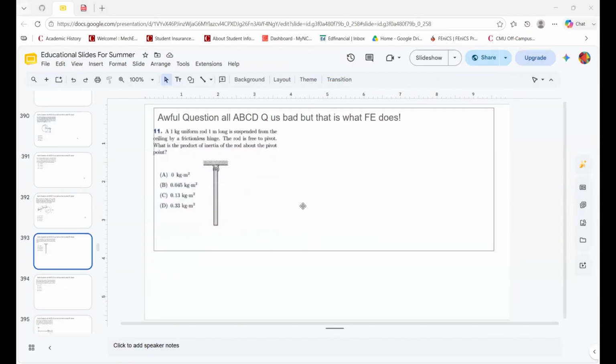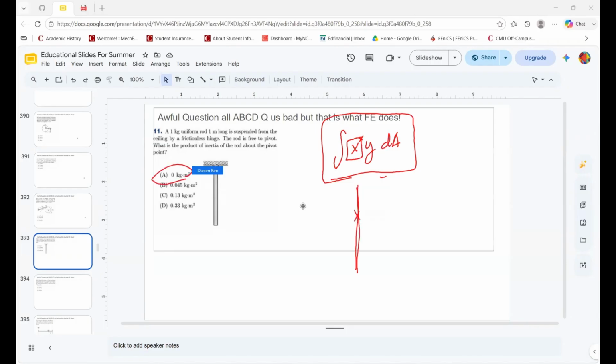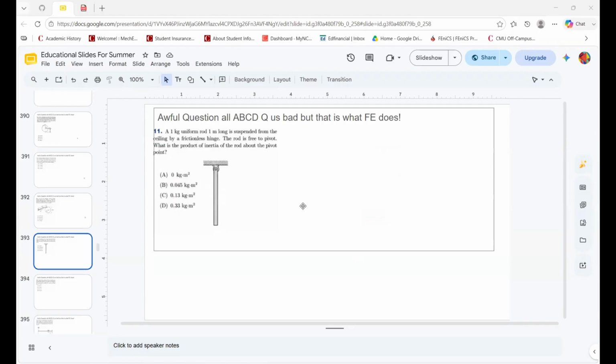Next one. All right. This is what we call a product of inertia problem. So it's the integral of xy dA that we're trying to solve for. And let me tell you this, over here there's no x because it's on the x axis. So basically this is going to be 0. And here's how you know it. In the matrix over here, there's Ixx, Iyy, Izz.